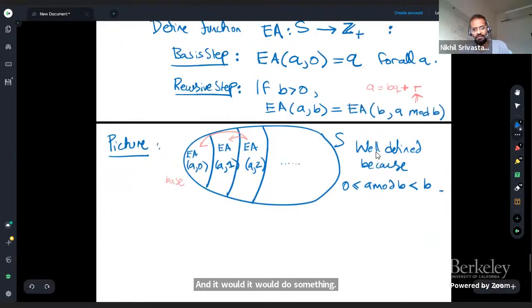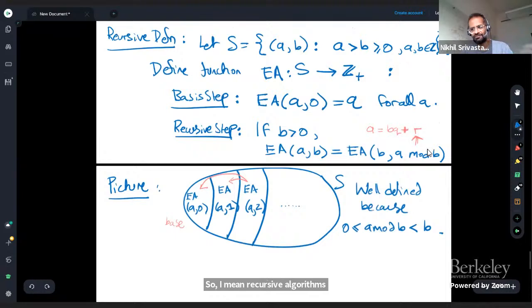Recursive algorithms are really the same thing as recursive function definitions, except the interpretation is that it's an algorithm, so you're computing the output given the input. But algorithms are functions anyway.